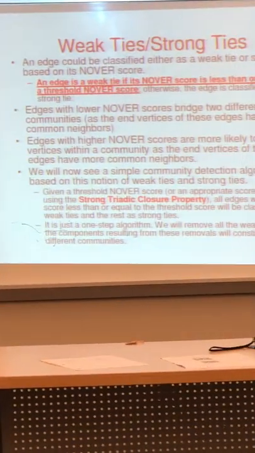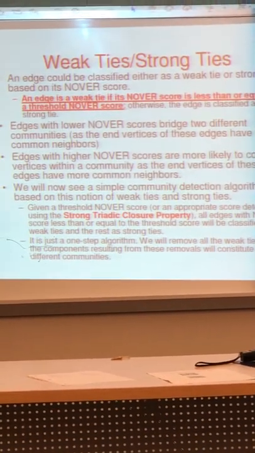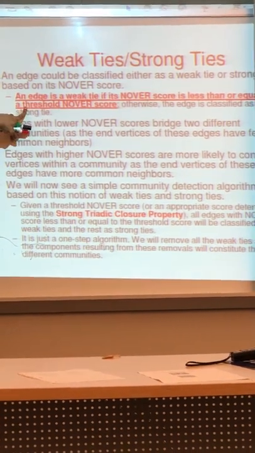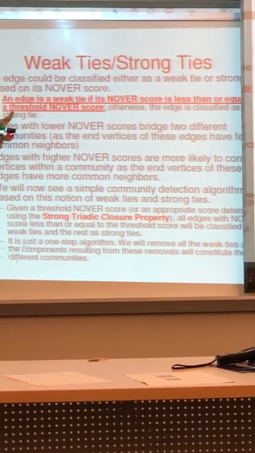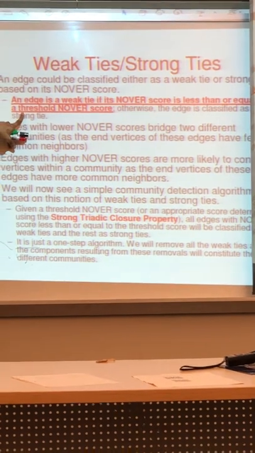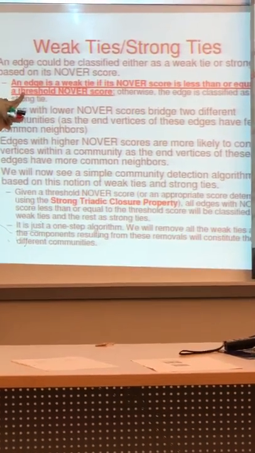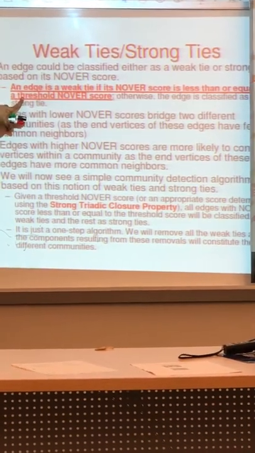So we classify, of course there are different ways you can classify a strong tie and weak tie for an edge. But the way we are going to do is, we will fix a threshold neighborhood overlap score. And now that we know we can calculate the neighborhood overlap score for any edge, we'll fix a threshold, like some cutoff.